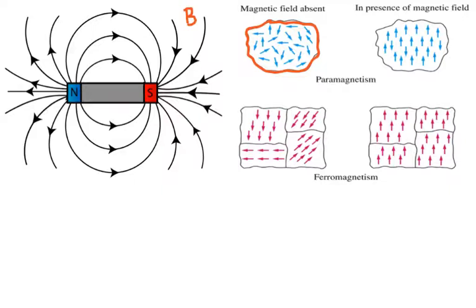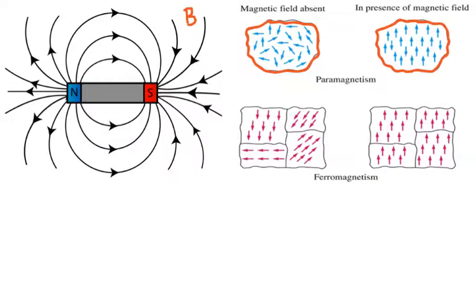But then if you place the material in a magnetic field, all those domains are going to be pointed in certain directions because the electron spin will be affected by the magnetic field. And this is where you get the North and the South Pole.